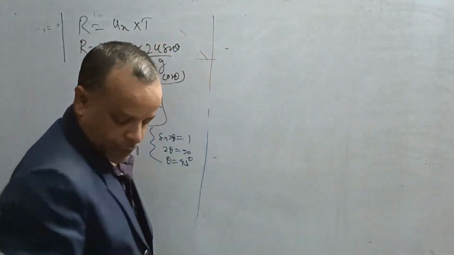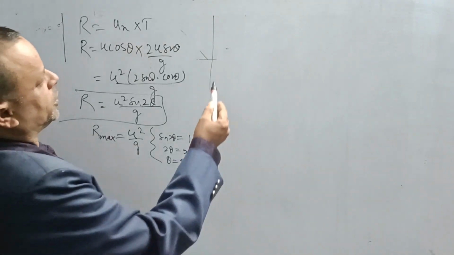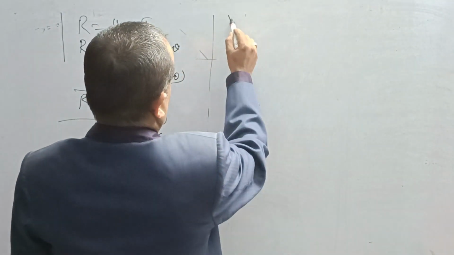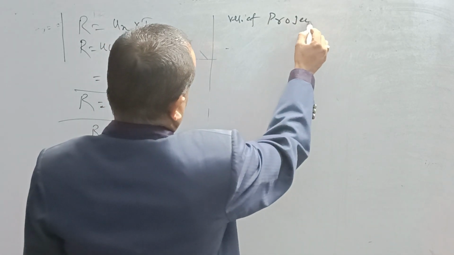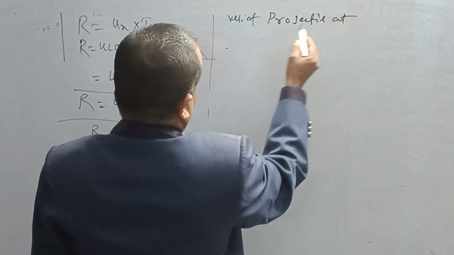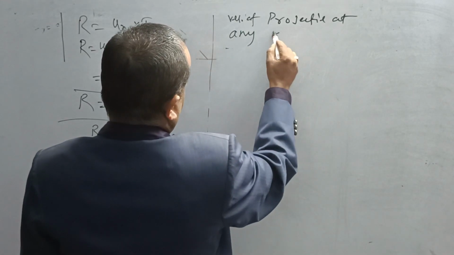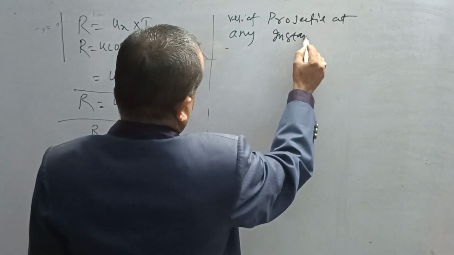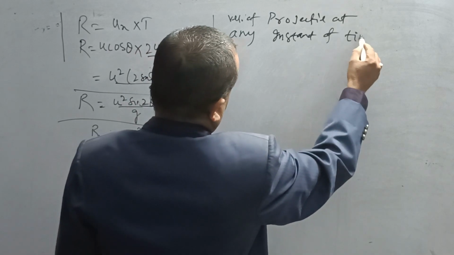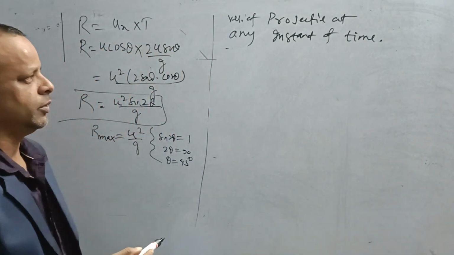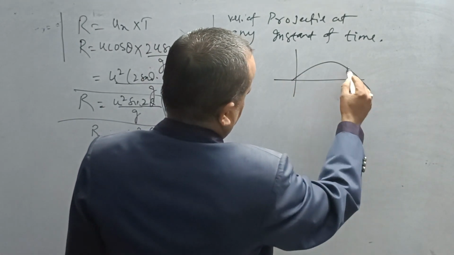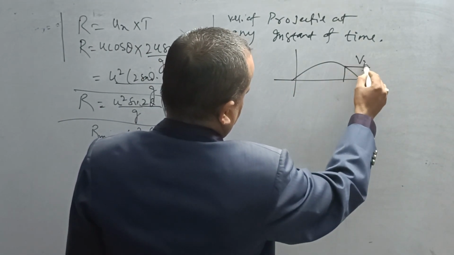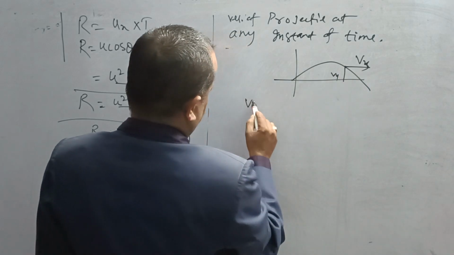Now we will go for the velocity of the projectile at any instant of time. See, in this case let us suppose this is Vx, this is Vy. Vx is what?